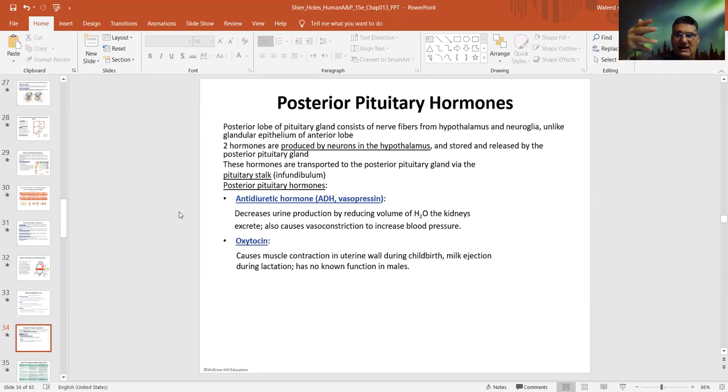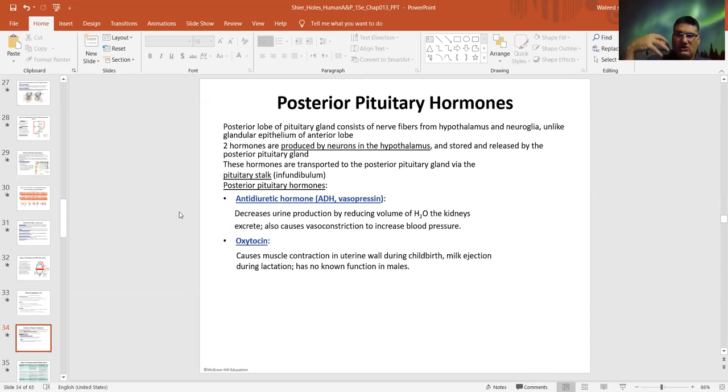ADH basically is going to reabsorb your water back. A lot of water goes to the kidney, but it's not all secreted in the urine. You take most of it, more than 90 percent, and reabsorb it back into the blood. Otherwise, you'd be drinking a barrel of water per day. Why are we not drinking that much water?